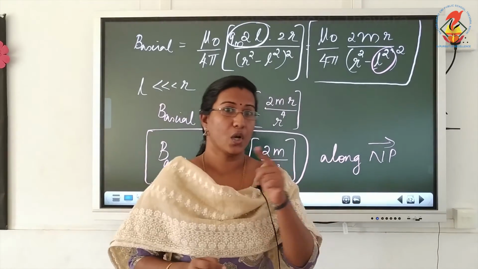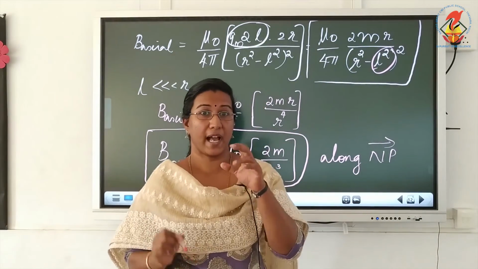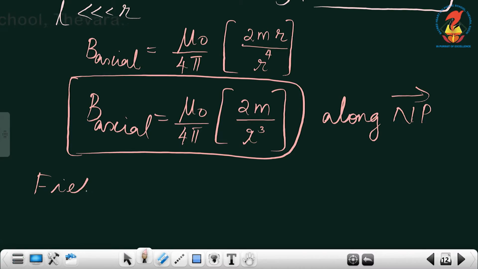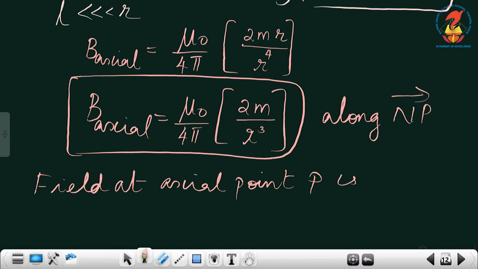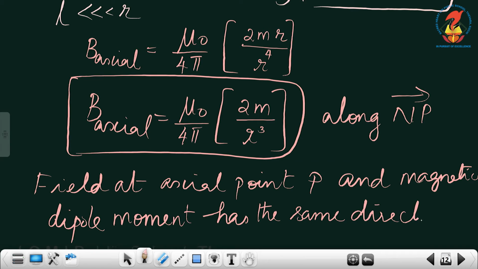From south pole to north pole, which means in our case the field at point P and the magnetic dipole moment have the same direction. Field at axial point P and magnetic dipole moment have the same direction.